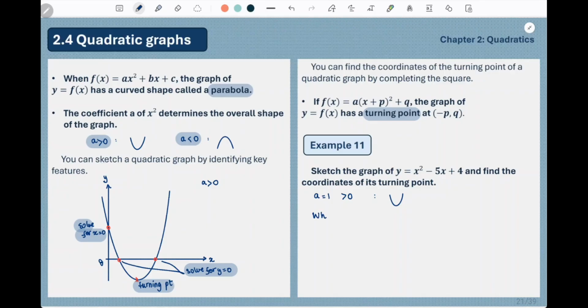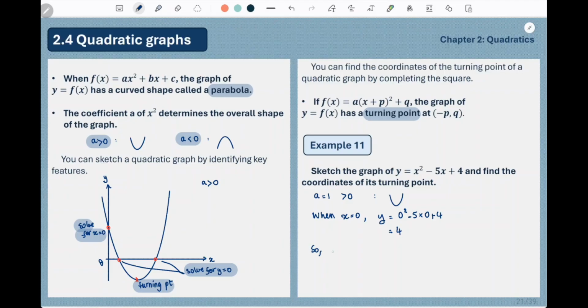So when x is equal to 0, y is equal to 0 squared minus 5 times 0 plus 4. So I'm only substituting x with 0, and I'm getting 4.